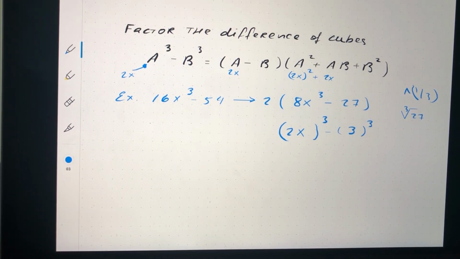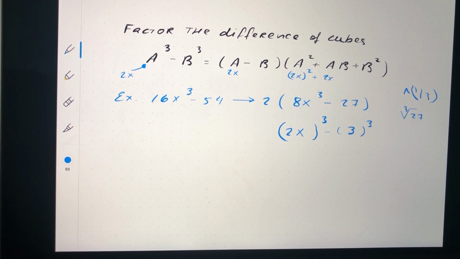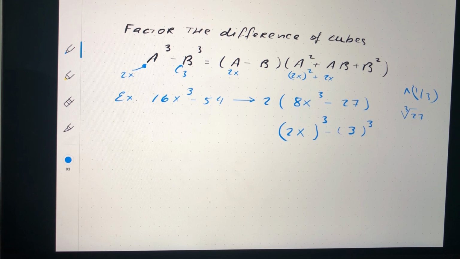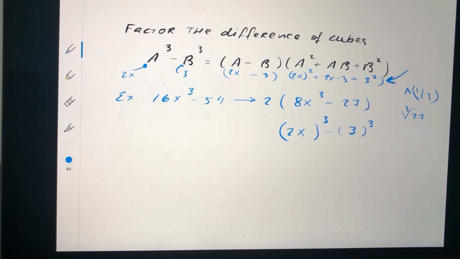So anyway, now we know that the cube root of 27 is 3, which means b is 3. So each time we see b, we plug in 3. Once we clean up this expression, we are done.